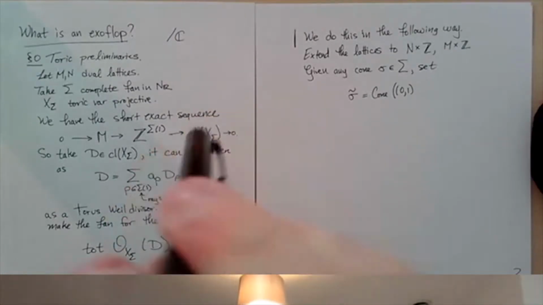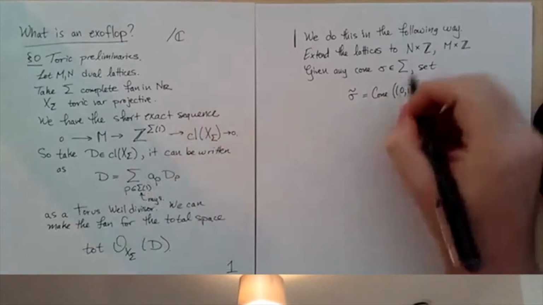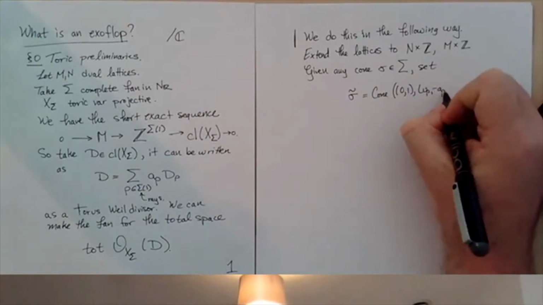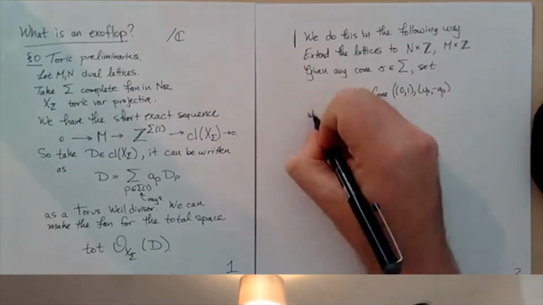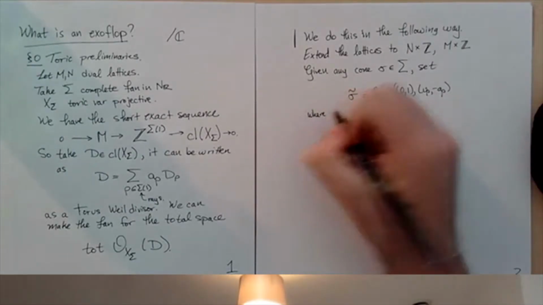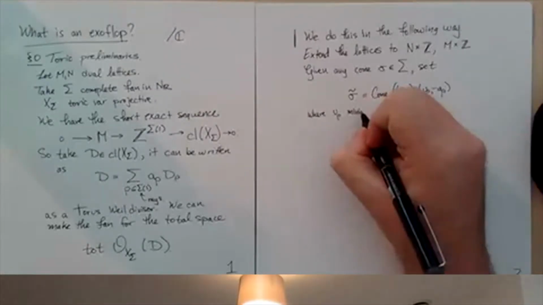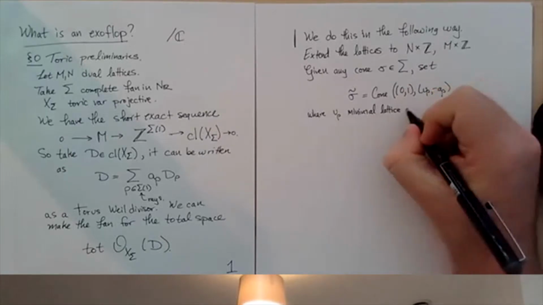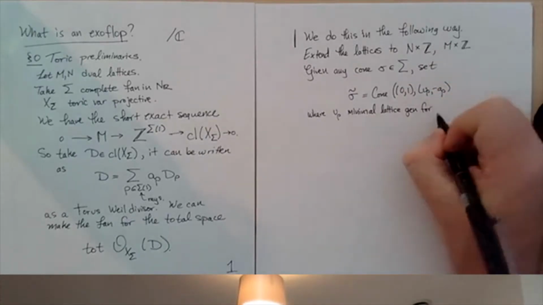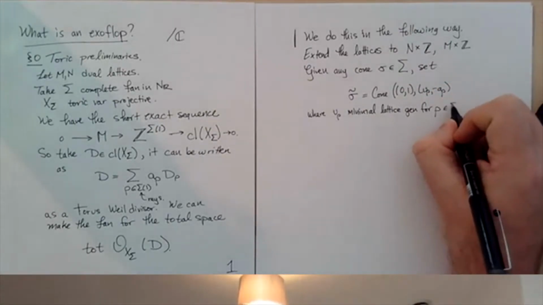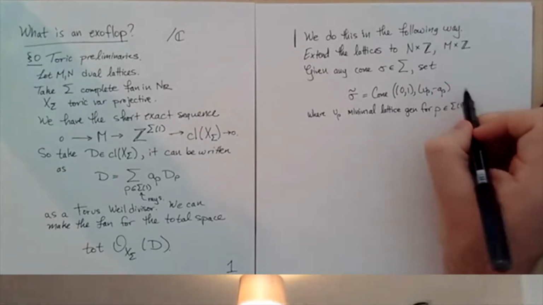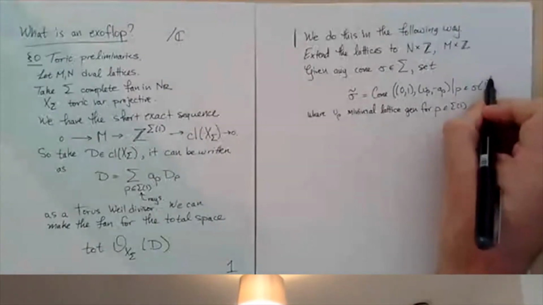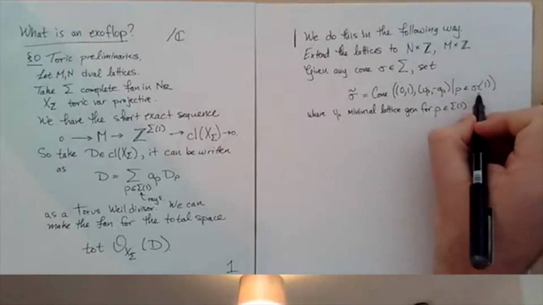Or of N. And then we take (u_rho, -a_rho), where u_rho is the minimal lattice generator, for rho in sigma(1). And we do this for any rho that's in the rays inside sigma. Okay.